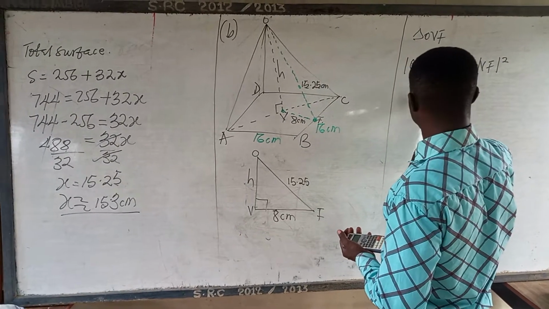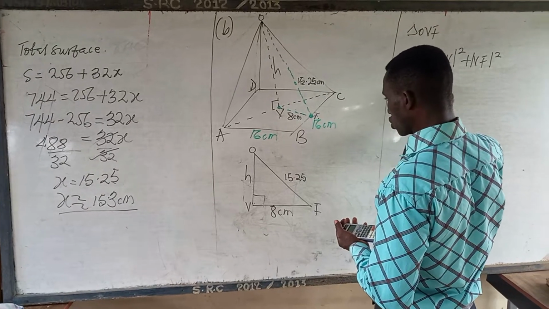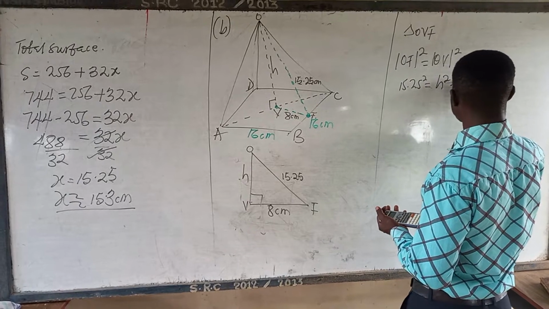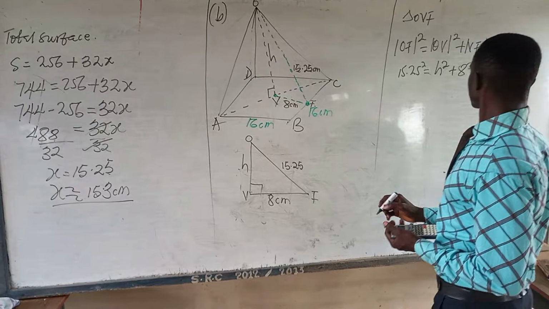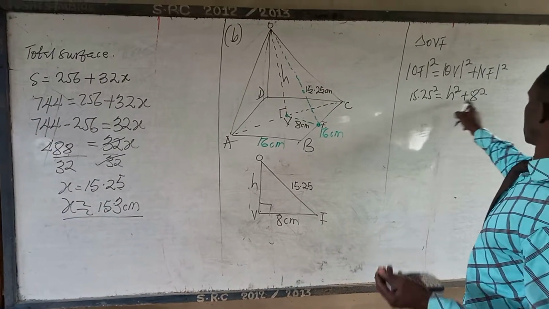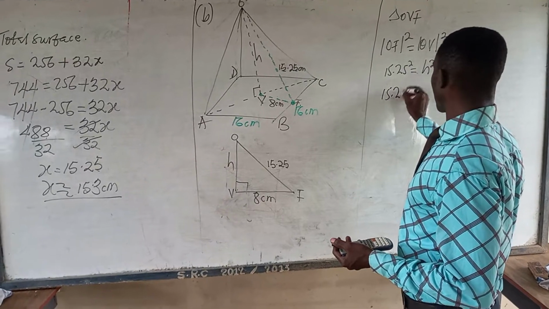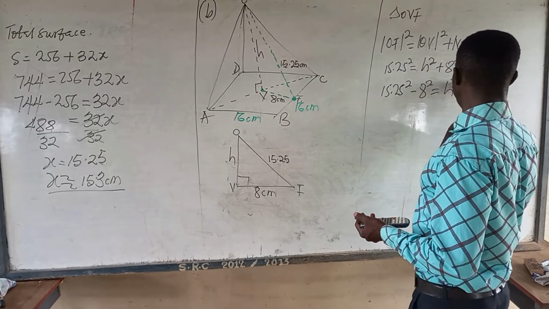And OF is 15.25, so 15.25 squared is equal to H squared plus 8 squared. So I will group like terms. I will add negative 8 squared to both sides. I will get 15.25 squared minus 8 squared is equal to H squared.